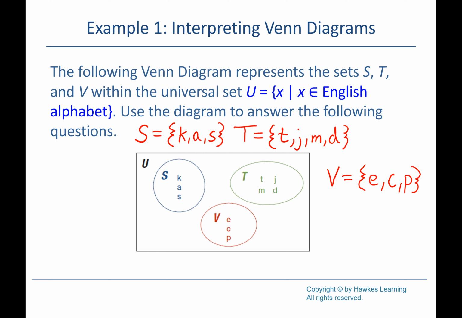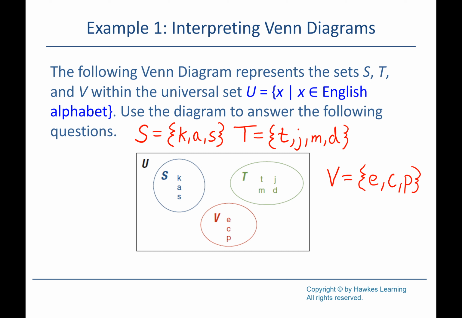Which one? I'm sorry, which symbol? The one right next to it. Oh, this. Yeah, this looks like an E symbol, which just means that the thing that comes before it is a member of the set that comes after it. So this is saying that our universe is the set of all x's, such that x is a member of the English alphabet.